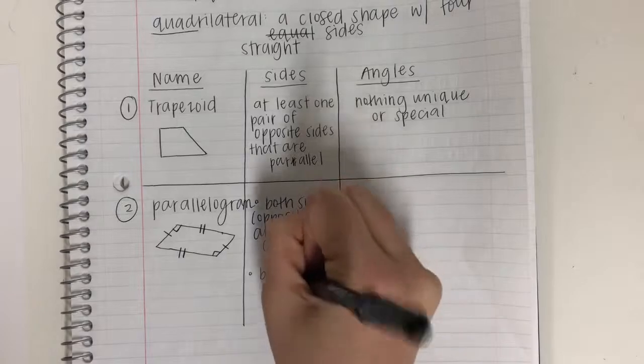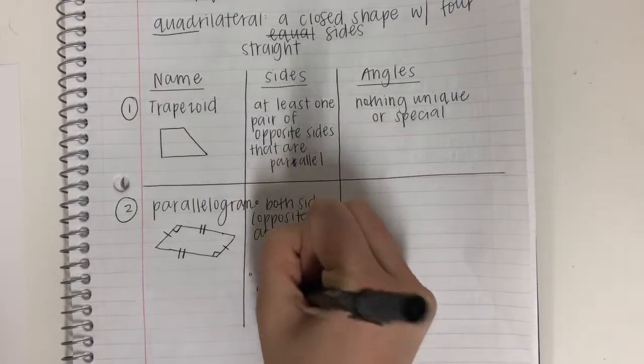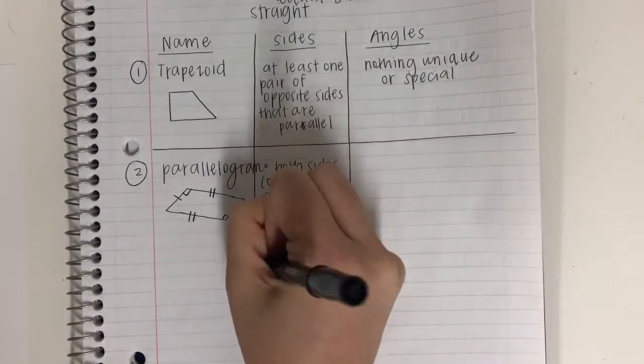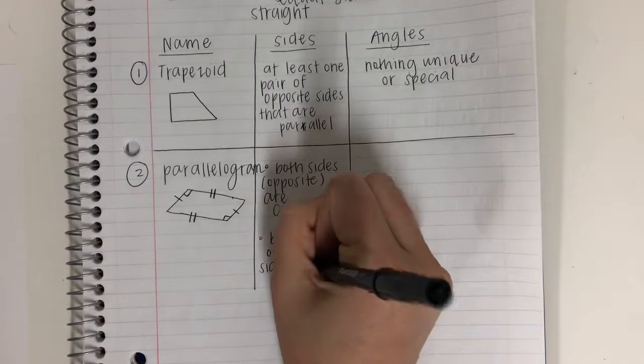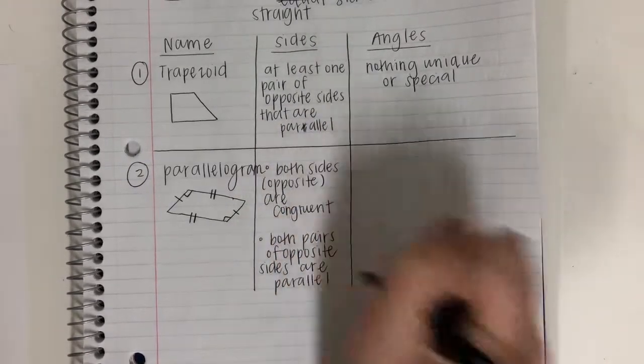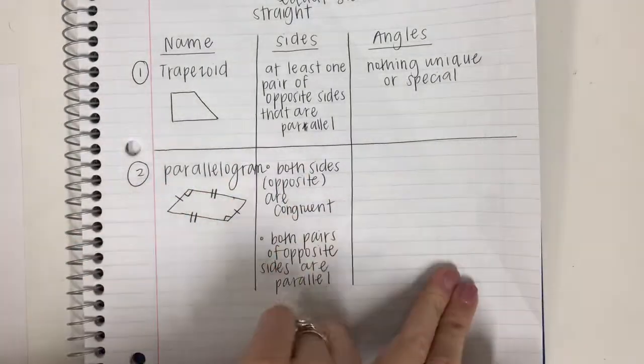Okay? And then both pairs of opposite sides are parallel. So these are parallel, they go in the same direction forever and they will never meet.